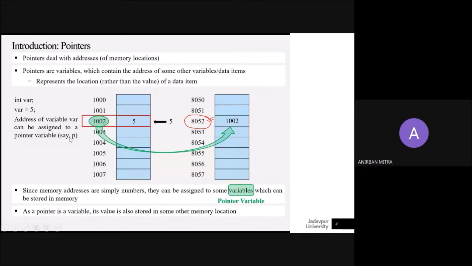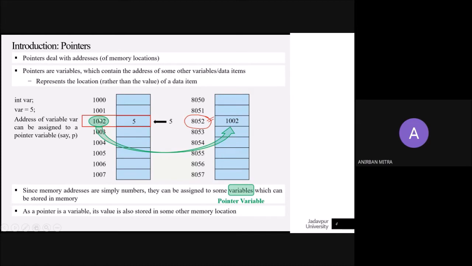This pointer variable, let us say, is defined as p. So what we have considered up to now is the declaration of an integer variable named var. We have stored a value of 5 inside it. And we have seen from this analogous table that this has a memory address.